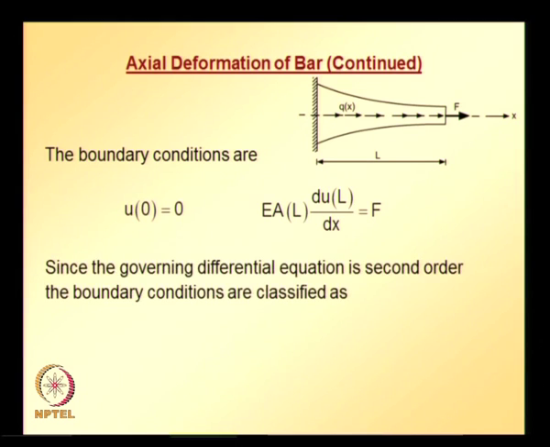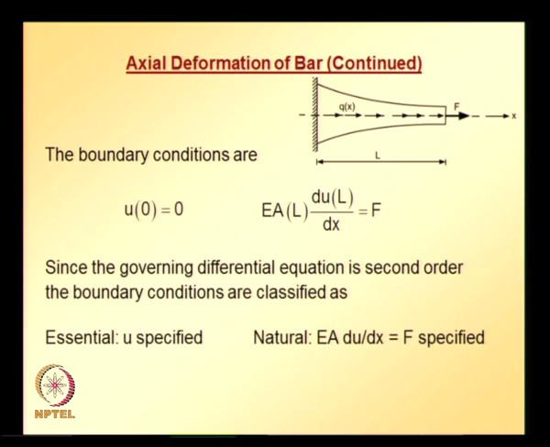These boundary conditions can be classified into two types. u evaluated at x is equal to 0, which is a zeroth order equation, can be classified as an essential boundary condition.